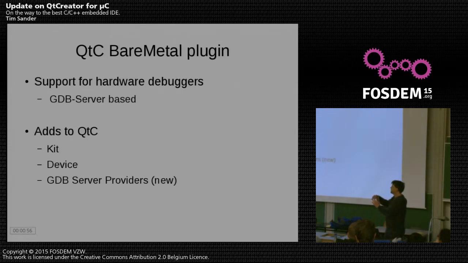And with this kit, you then have a target defined for your debugging purposes. So by adding a new bare metal kit, it's possible to add support for hardware debuggers.